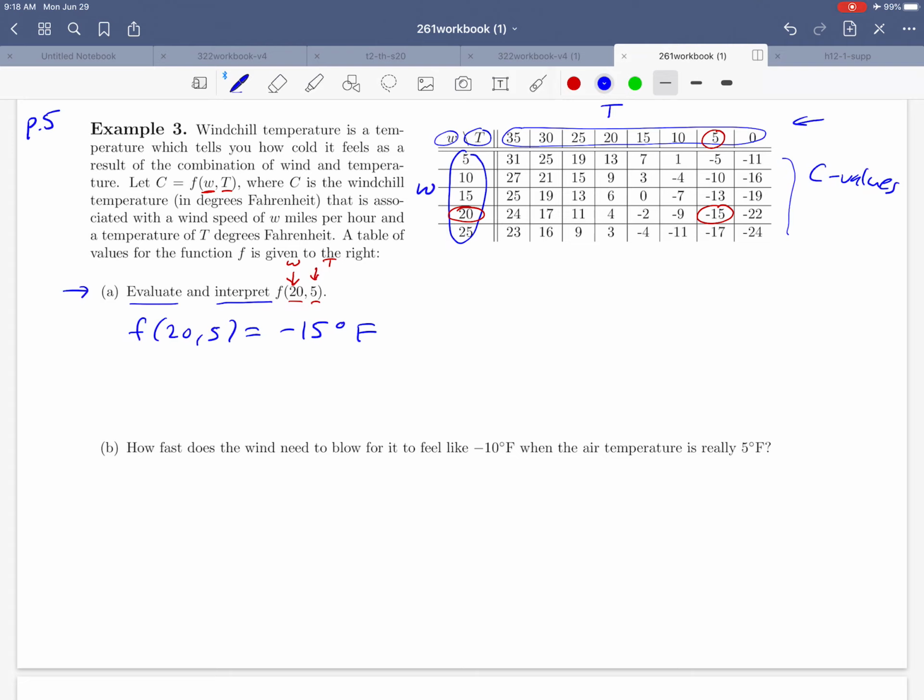Okay, so we have answered the evaluate part of the question. We have a number. What about the interpretation here? What does that mean in words, what we did? Well, all we really need to do here is just to kind of explain the meaning of each of these three numbers.